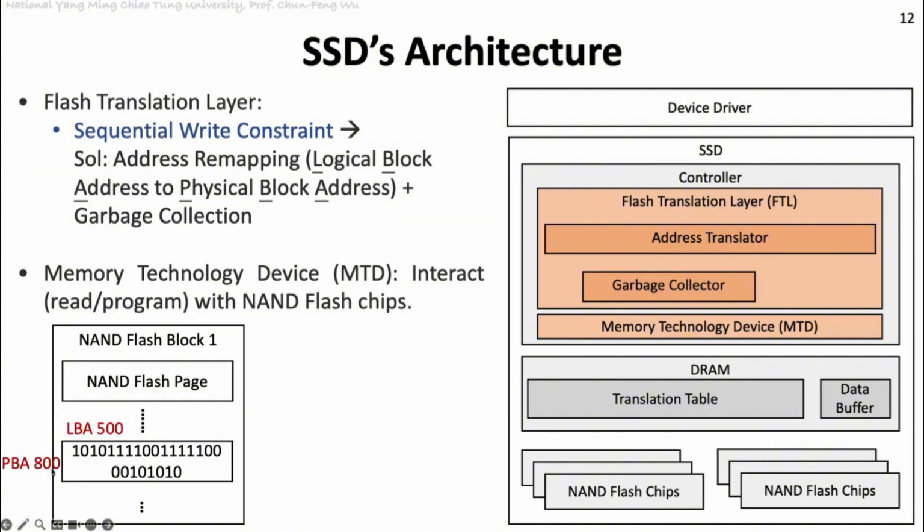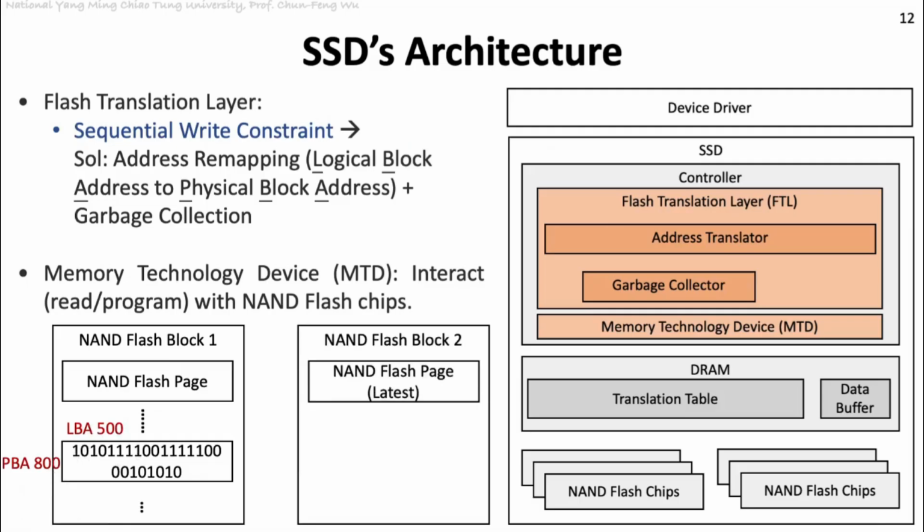Okay, so now we are going to update LBA 500. A better way is, as we say, read-modify-write, right? We read out this LBA 500 page and we modify it in some place, maybe in the DRAM, where there's a data buffer, and then we write back to the NAND flash chips.